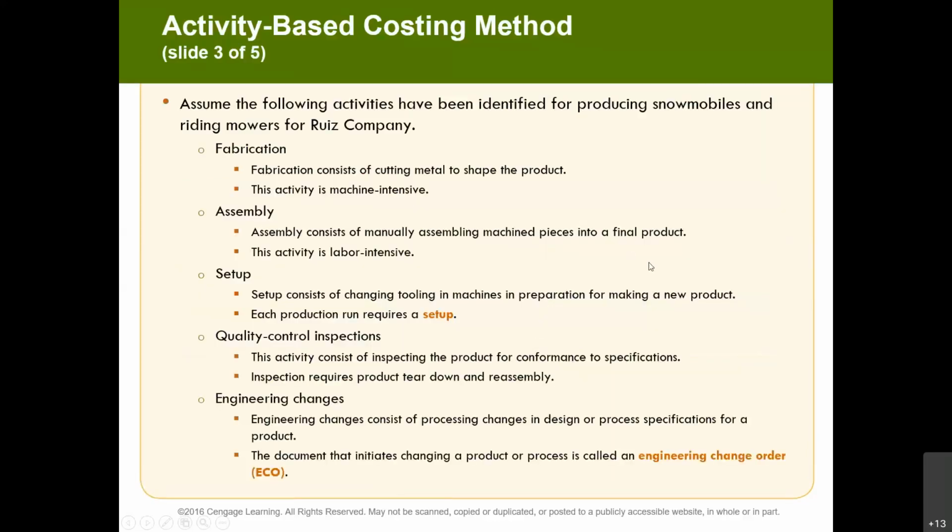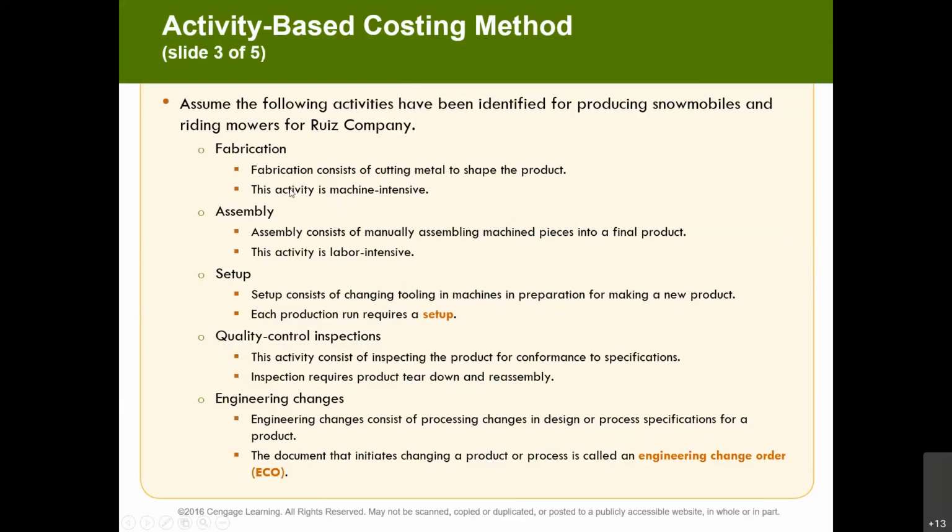So let's look at it from our example perspective. Here are the various activities: we have fabrication, assembly, setup, quality control inspections, and engineering changes. In fabrication, we have costs that consist of metal cutting and shaping the product.